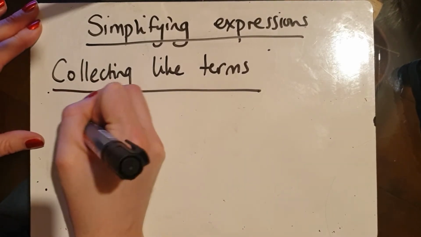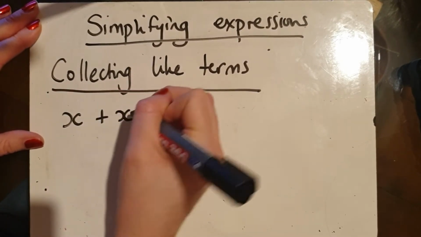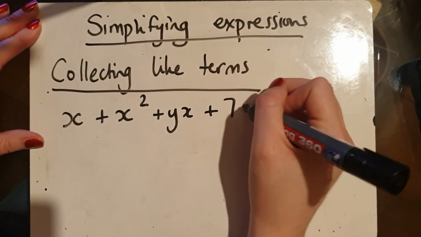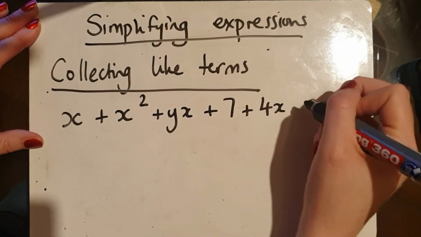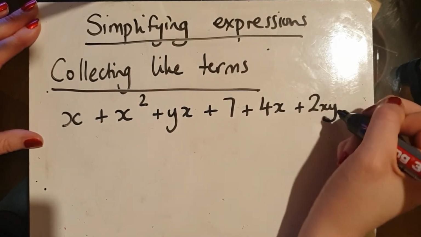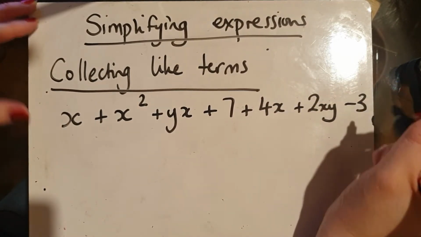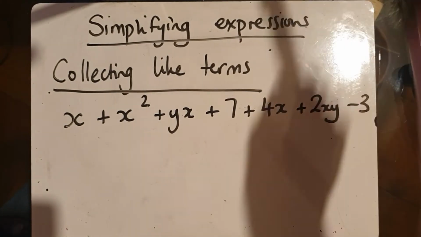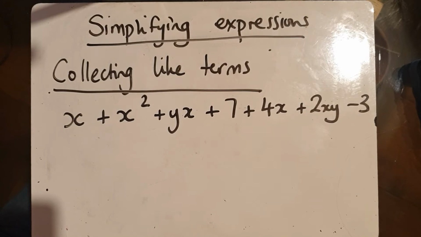So let's say we have the following expression. If we wanted to simplify that by collecting like terms, we need to look for terms which have the same combination of variables or numbers, but it doesn't have to be the exact same number, and the same powers of those variables.